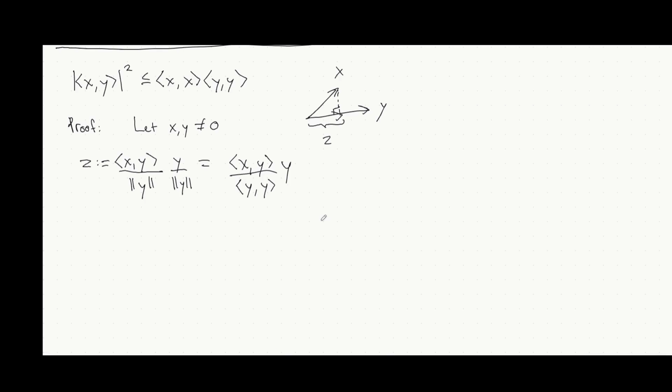So next what we're going to do is subtract this projection from x, which would be this vertical vector here, and we're going to show that that is orthogonal to y, so that we can then use the Pythagorean theorem.